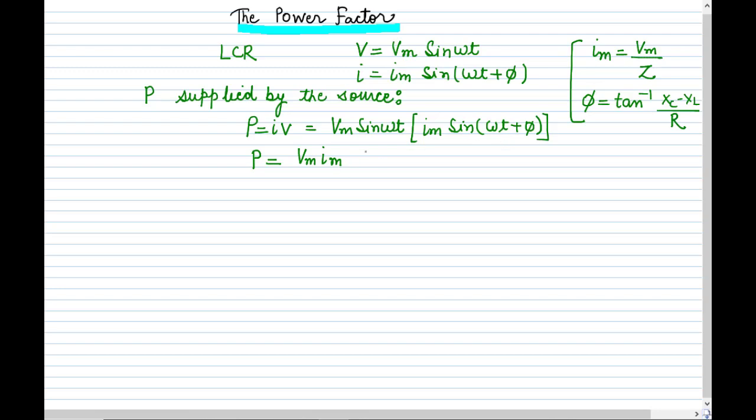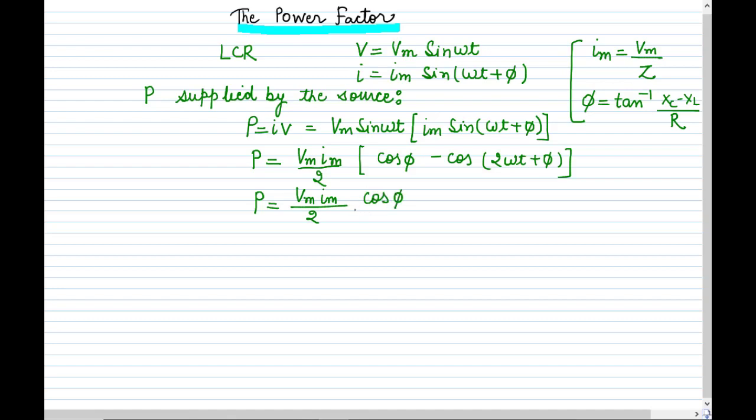Using this trigonometric formula, we have Vm Im upon 2 times cos of (A minus B), which is cos phi here, minus cos (A plus B), which is cos (2 omega t plus phi). So this we have written simply using a trigonometric formula.